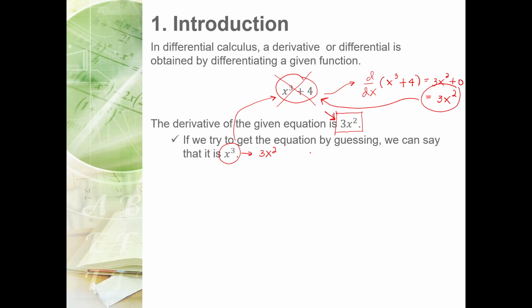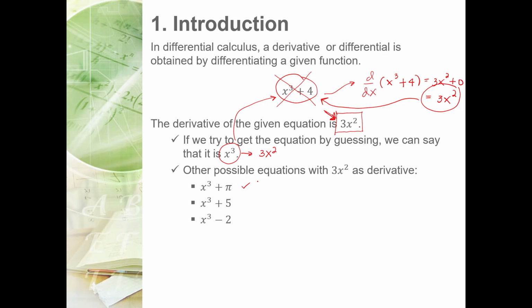Now, if you try to guess other possible equations of this derivative, there are other possible equations, right? We can say x cubed plus pi. This is also a possible equation because the derivative is also 3x squared, because pi is a constant. Also x cubed plus 5, the derivative is 3x squared. And x cubed minus 2, the same derivative, 3x squared.